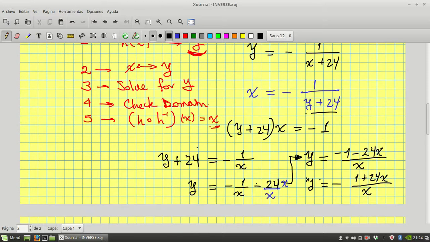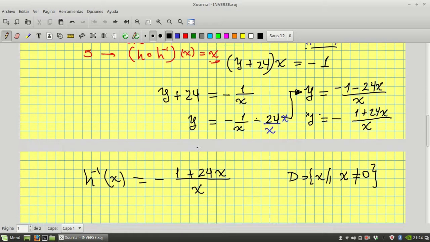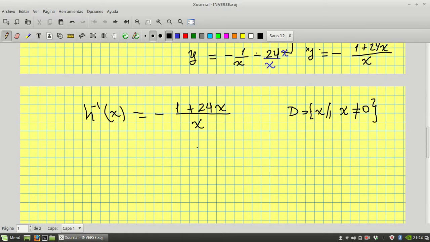But if we see h(x), the domain of h(x) does not include 0. Oh, okay, it includes 0, but this is the domain of this function. So if we do the graph, there's not including x equals 0.